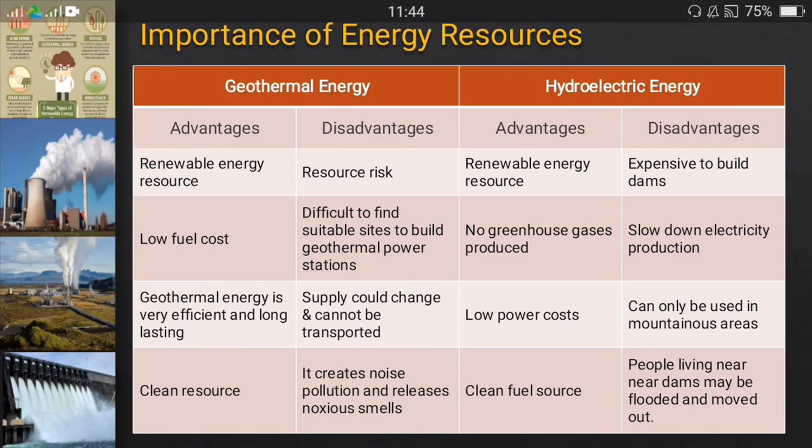Hydroelectric energy, there are certain advantages and disadvantages. Advantages, number 1, renewable energy resource, same as it is a sustainable source of energy. No greenhouse gases produced. It means no other dangerous gases are produced, so there's no damage to the environment. Low power cost, meaning there are economic benefits.